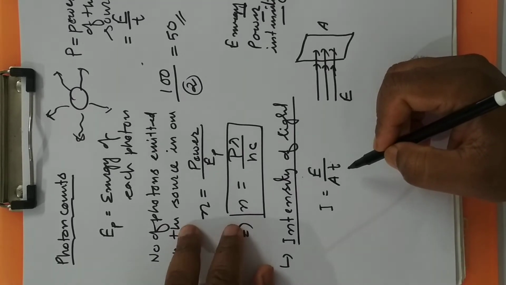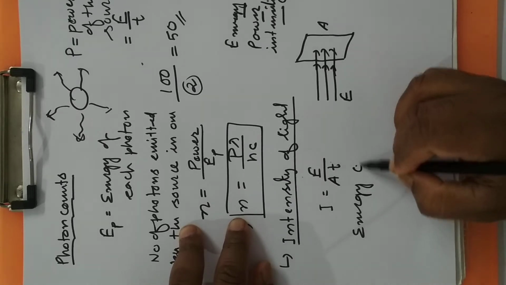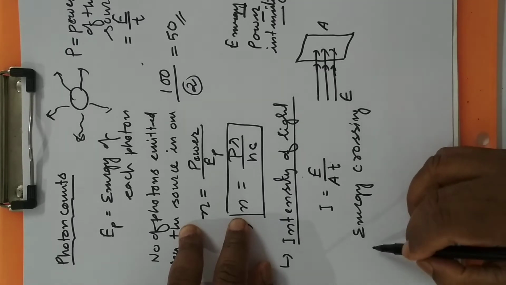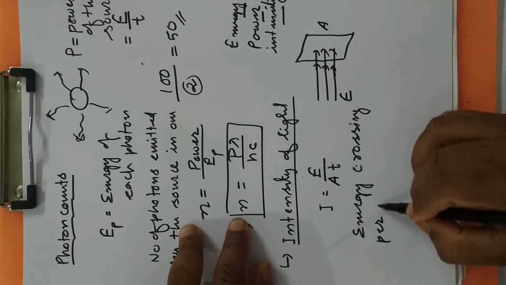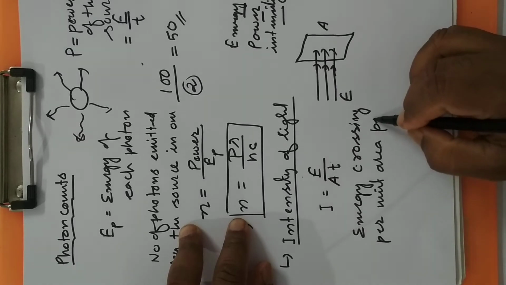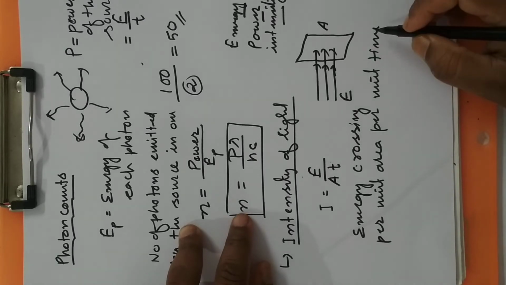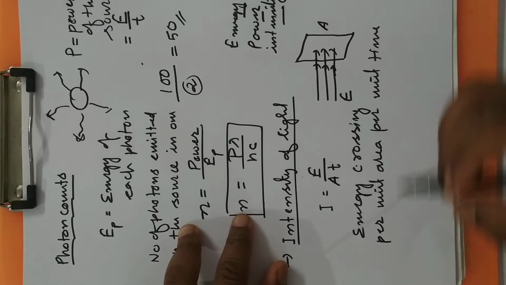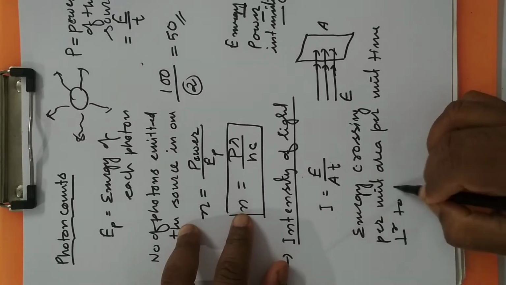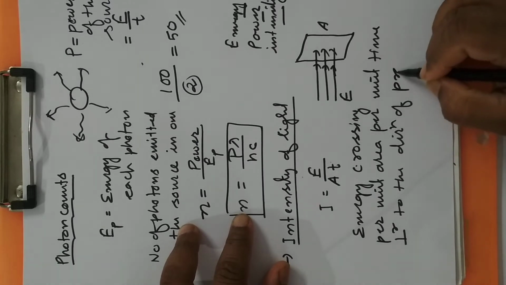So it is defined as energy crossing per unit area per unit time, perpendicular to the direction of propagation.